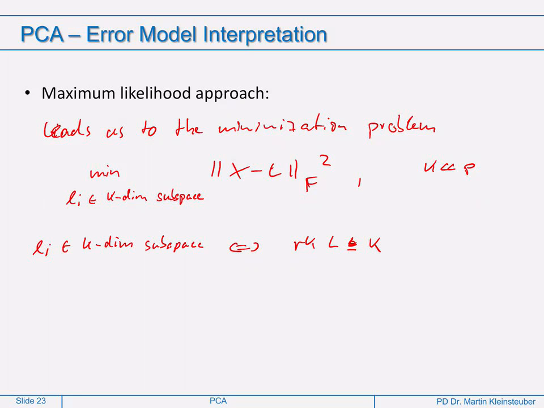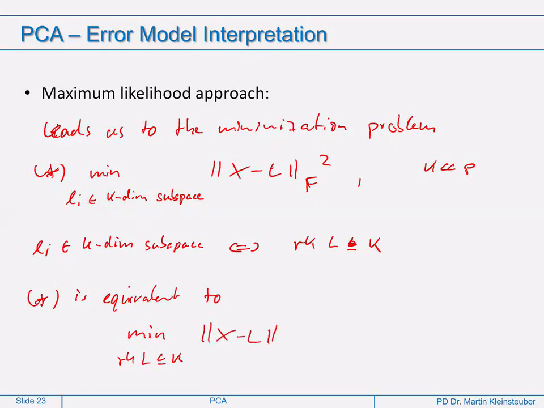Okay, so yes, we want to solve the minimization problem. This is equivalent to solving the problem: minimize, with rank of L smaller or equal to k, the norm of X minus L, Frobenius, squared.